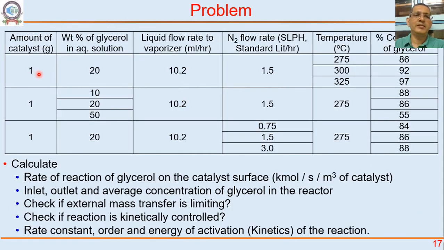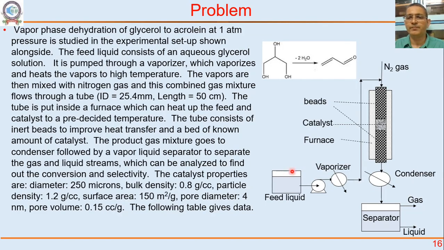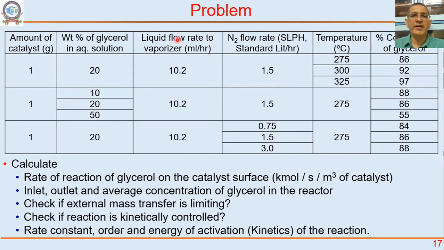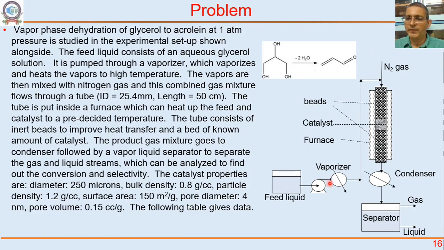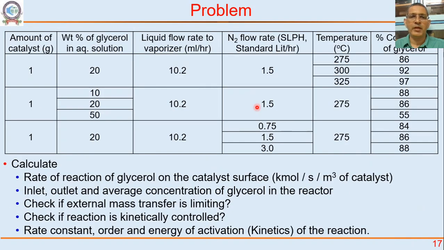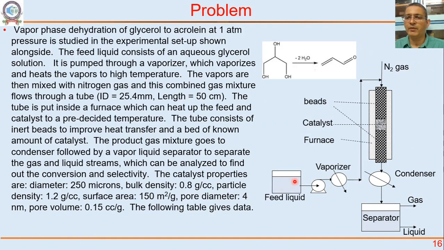1 gram of catalyst, 20% by weight aqueous solution of glycerol here. Feeding rate in ml per hour. So 10.2 ml per hour. Glycerol weight percent is either 10% by weight, 20% by weight, or 50% by weight.